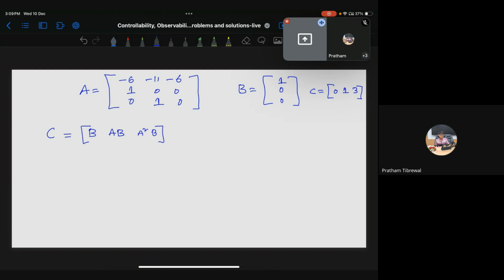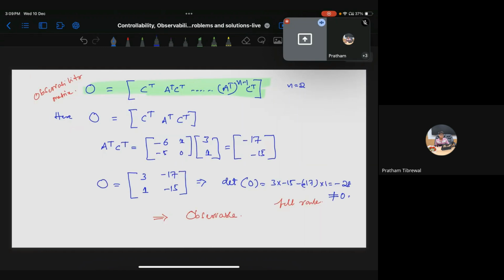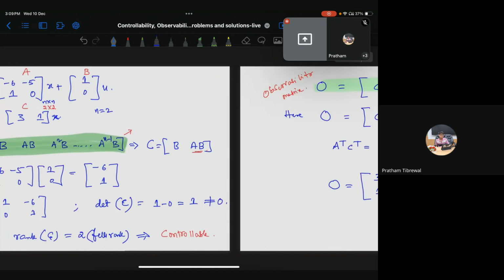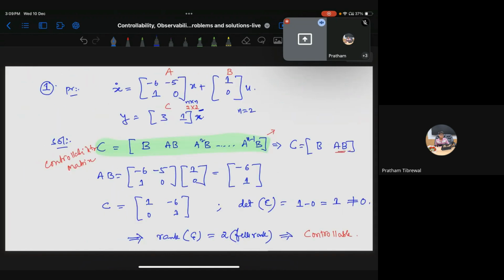Why till A square B only? You can check in the previous problem. Previously, A was 2 by 2, so 2 minus 1, that is 1, AB.